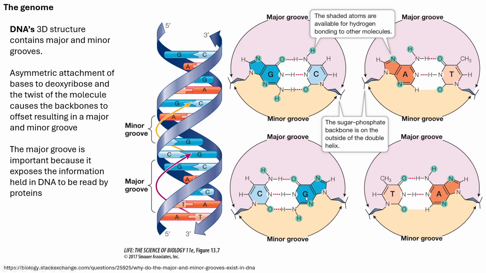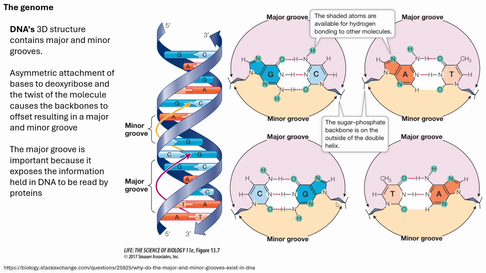So, to also talk about the structure of DNA, its 3D structure contains major and minor grooves. If you think about it, you have these 2 anti-parallel strands and you're trying to spin them together. There's this asymmetry of the attachment of the sugar that causes some of these strands to be tighter and some of them to be wider.